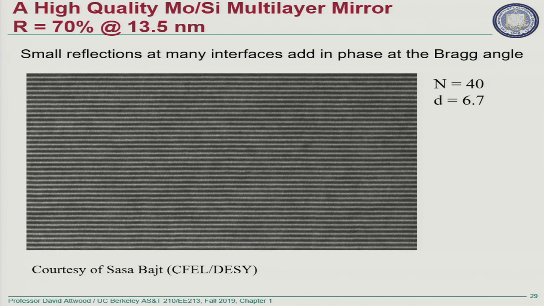This is a way to get around a difficulty: a mirror in optics is usually made of something reflective, like metal, so it's a very absorbing material.